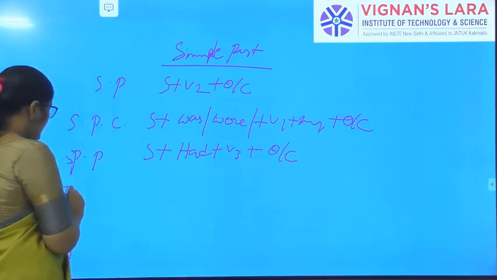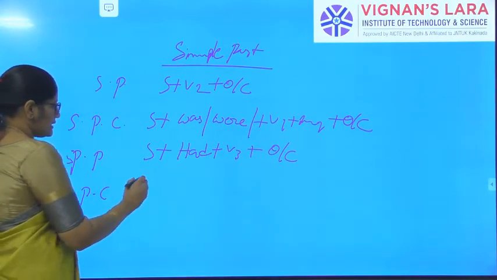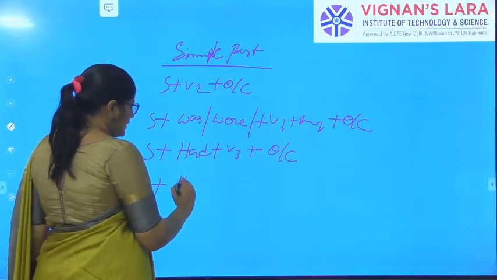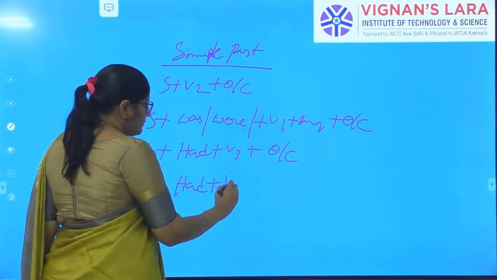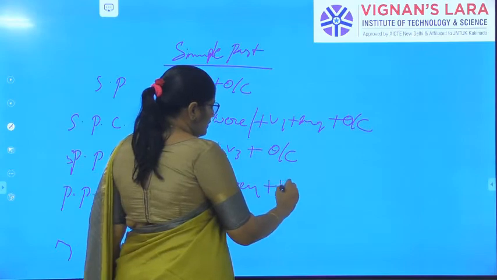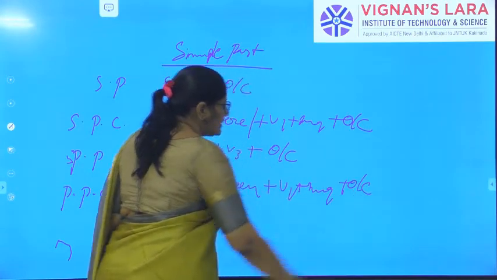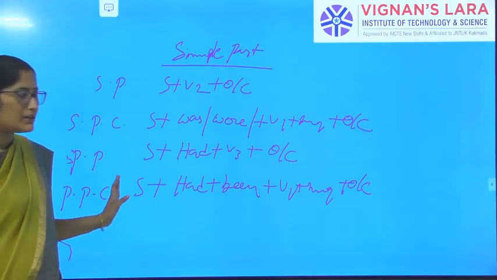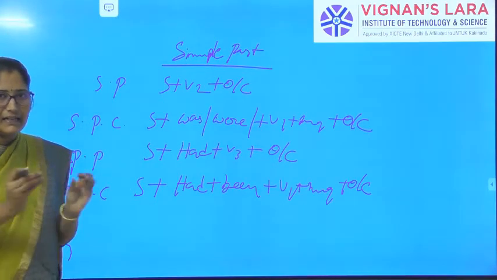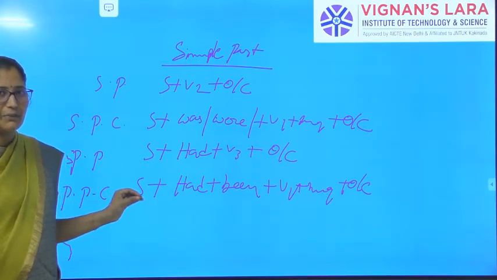And the next we'll go with the past perfect continuous tense. Subject plus had plus been plus V1 plus ing plus object or complement. You'll go with the rule and regulation. Just little changes, we can move on.